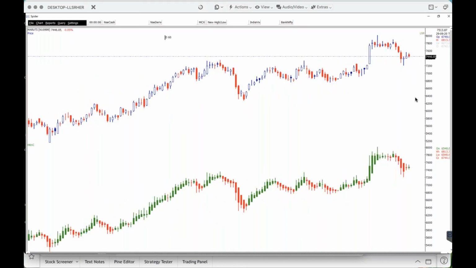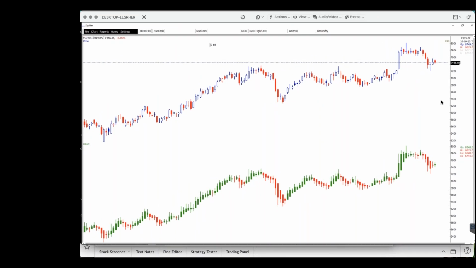If you visually look at this chart where Maruti's price action is plotted with conventional Japanese candlesticks and Heiken Ashi candlesticks, visually you'll find a few aspects very, very clear.